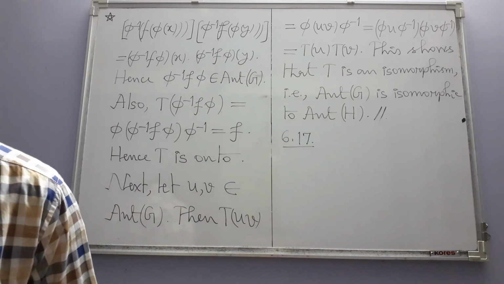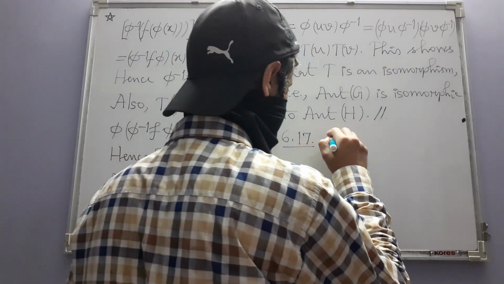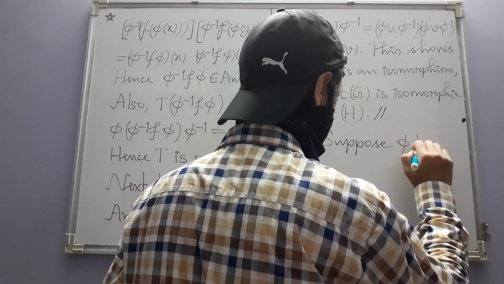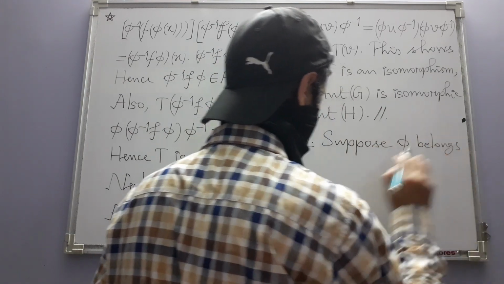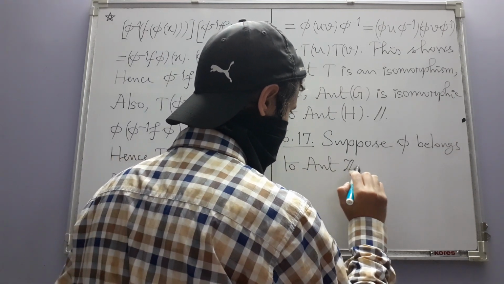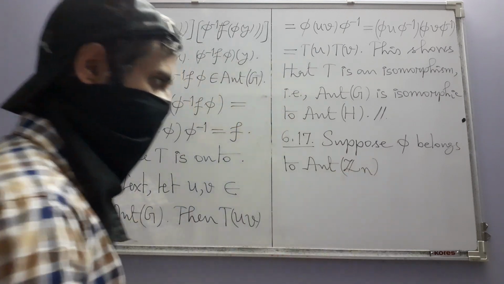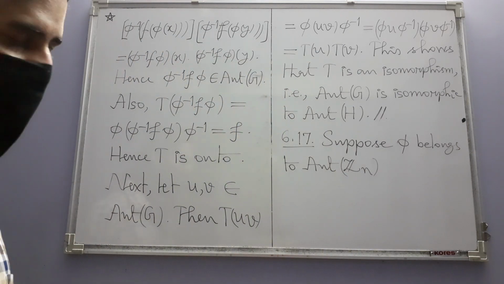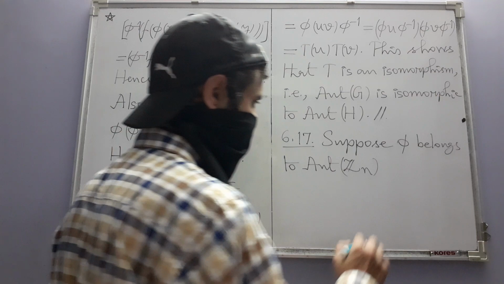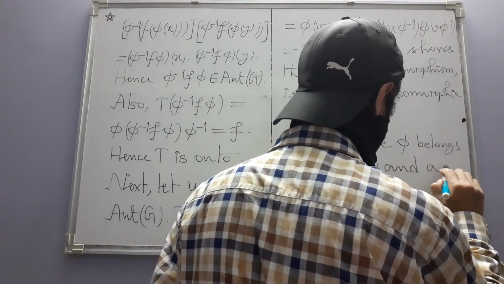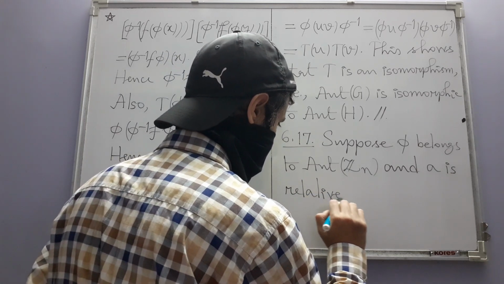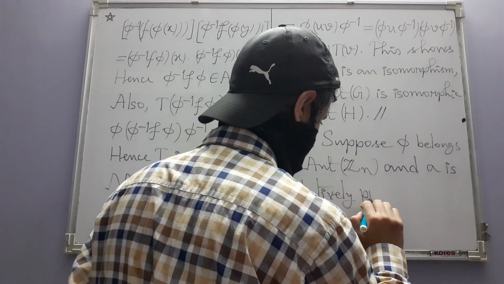617. Suppose phi belongs to the automorphism group of Zn, the additive group of integers modulo n, and A is relatively prime to n.